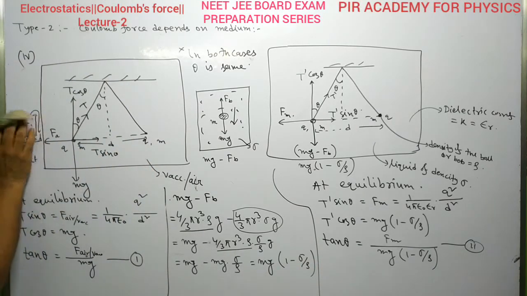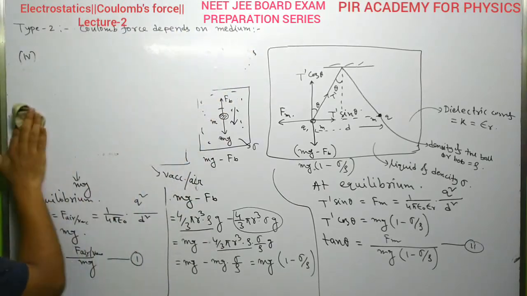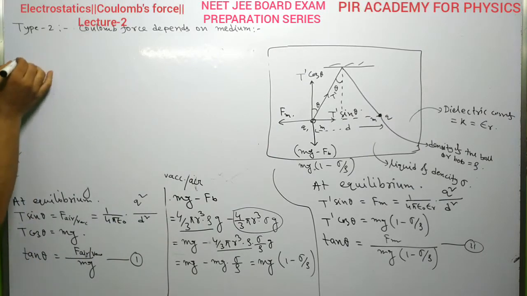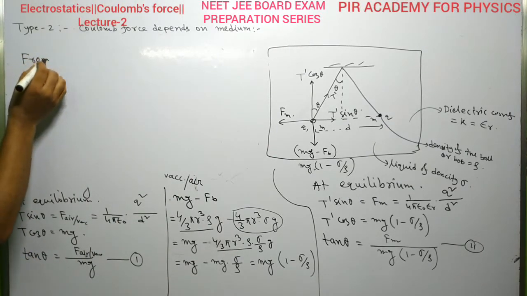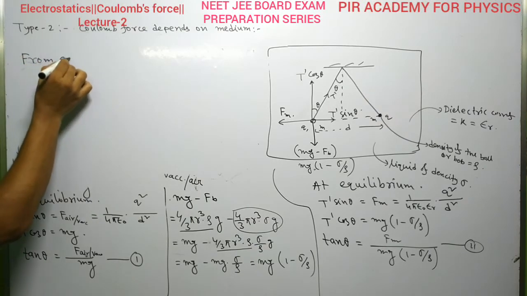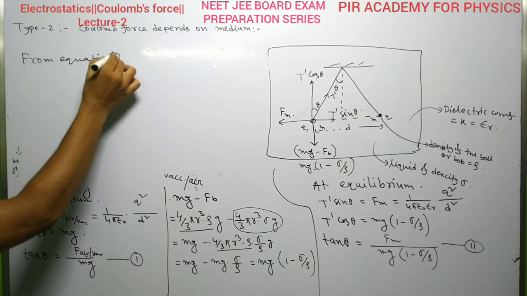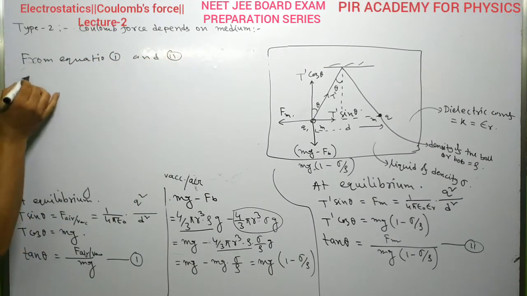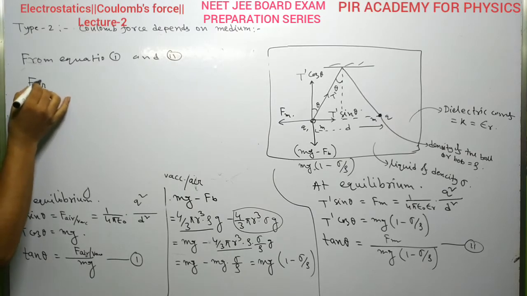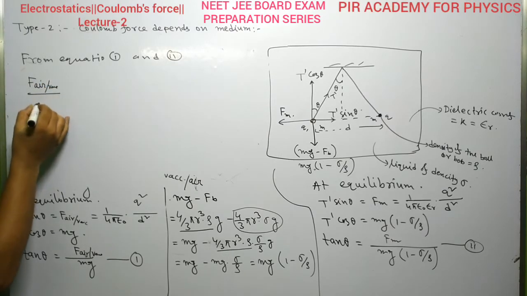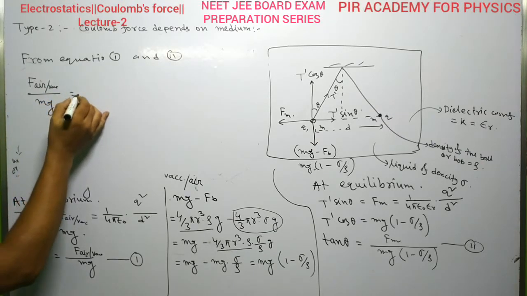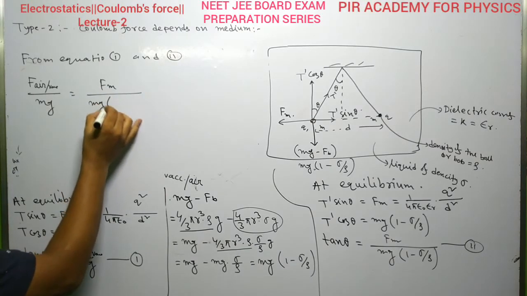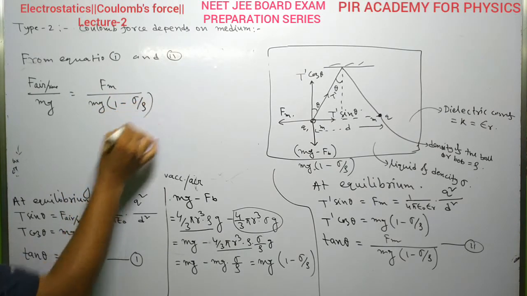So from equations 1 and 2, you can write that F of air or vacuum divided by mg equals F of medium divided by mg into 1 minus sigma by rho.